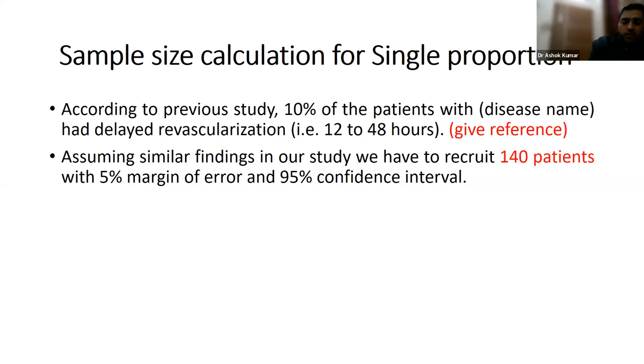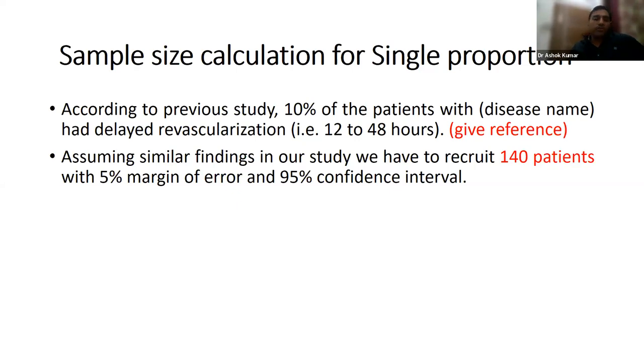As I told you, it is a single group. It is a cross-sectional study, descriptive study. So here Z 1 minus alpha by 2, at 95% confidence interval or 5% type 1 error, that is alpha. What is the Z value? Z value is 1.96. So we have the Z value, we have the D value, that is the margin of error.